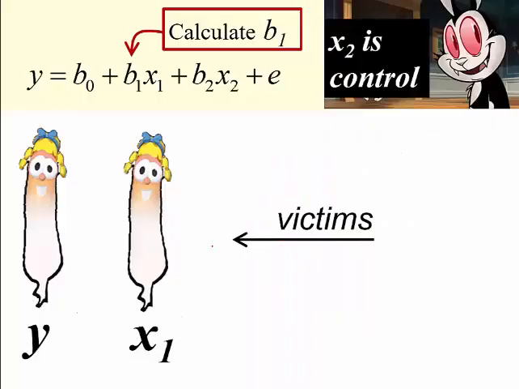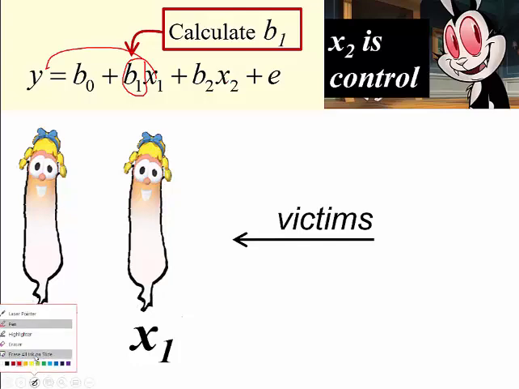So here I have a regression equation with just two predictors. I say an outcome variable y is equal to an intercept plus slope 1 times x1, so x1 is my first predictor, plus slope 2 times x2, so I have my second predictor variable, plus error. And we could talk about how we calculate this first slope, beta 1, which is going to be the slope of x1 predicting y, controlling for x2.